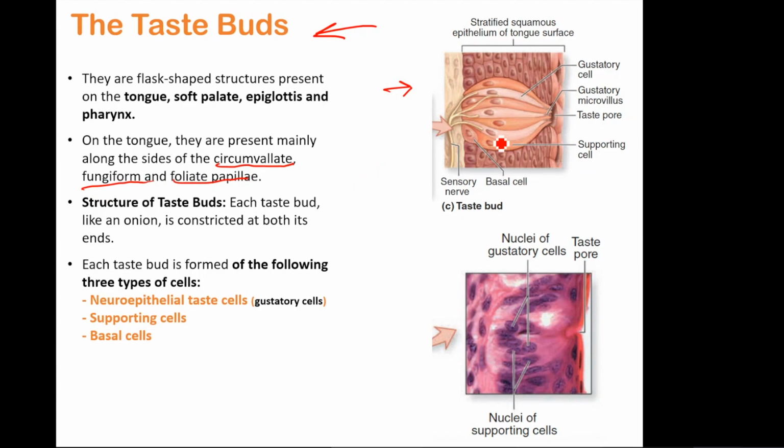Anyway, it's onion shaped and composed of three cells. Most importantly, the gustatory cells, pale in color as you see here.